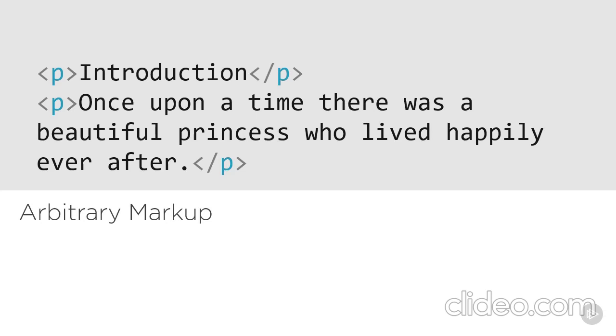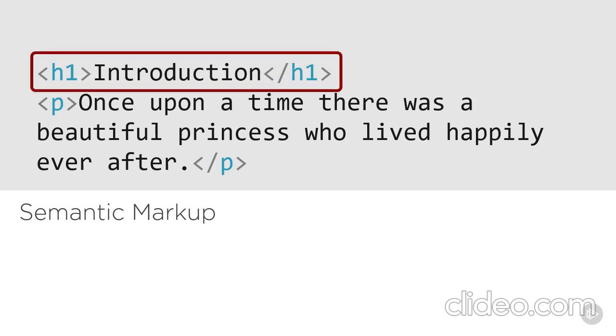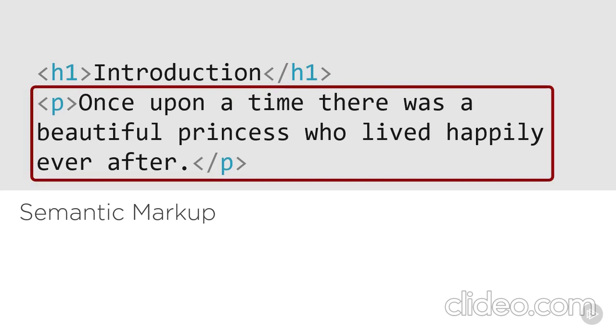There's no way to tell the relative significance of one piece of content from the next. What I mean by that is that a computer can't tell that the word introduction is a title and that it has a nuanced meaning that's different from the text that's in the paragraph tag. So if we transform the markup a little bit to something like this, now the introduction is within an H1 tag saying that it's a page header, and we have the story in the paragraph tag.